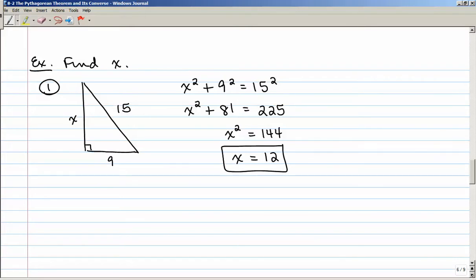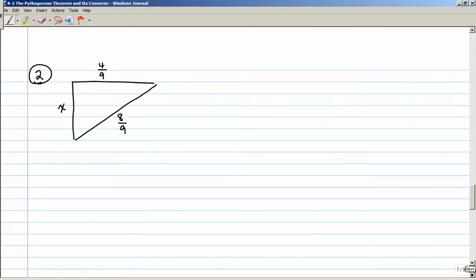Here's another example. Oops, I forgot to mark this as a right angle. Okay, so one leg is x, the other leg is 4/9, and the hypotenuse is 8/9. So x squared plus 4/9 squared equals 8/9 squared. Don't turn this into a decimal. Leave them as fractions.